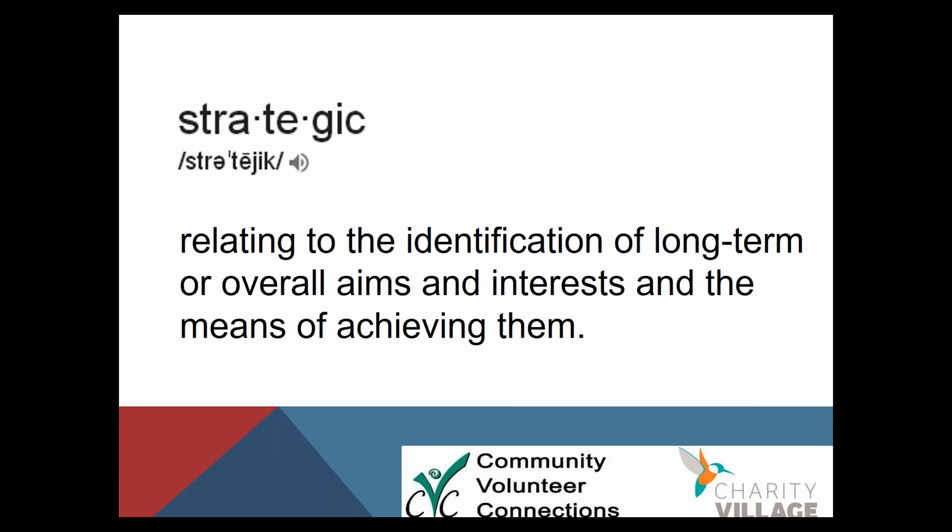So I thought I would start off with the classic definition of terms: strategic. Strategic is relating to the identification of long-term or overall aims and interests and the means of achieving them. I pulled this definition, not just to be annoying, because I know this is something almost every PowerPoint presentation starts with, but really I wanted to give you the sense that when we're talking about volunteer engagement, we're talking about where you want your organization to be in 3 years, 5 years, 10 years.